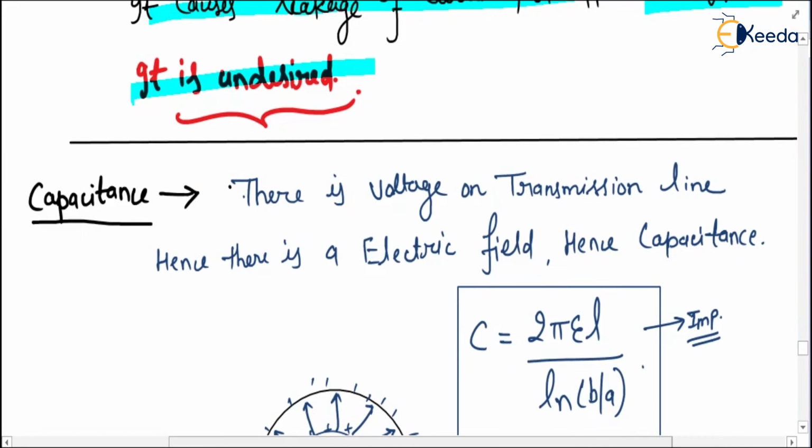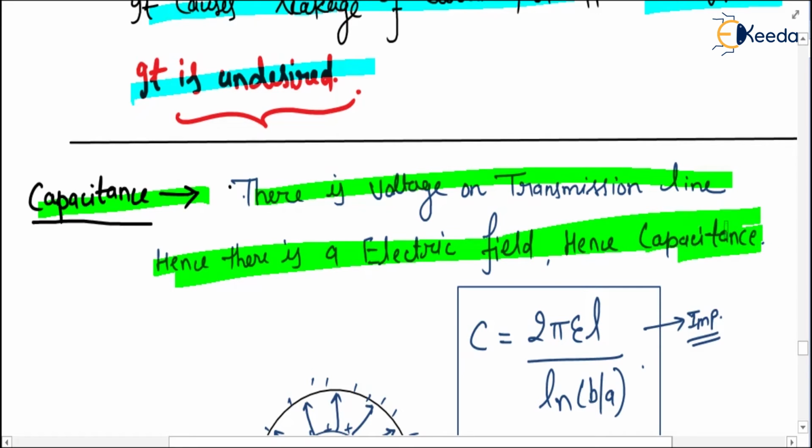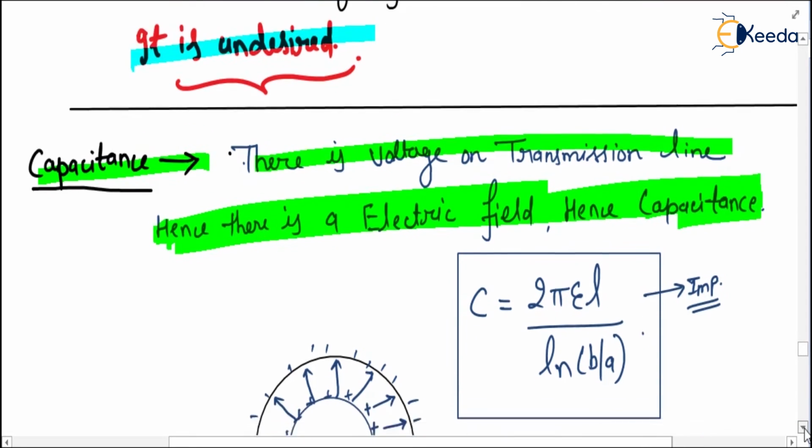So the third is capacitance. Why is capacitance present? There is a voltage on the transmission line, hence there is an electric field. Due to the electric field there is capacitance, because to store the electric field energy, some capacitance is always present.